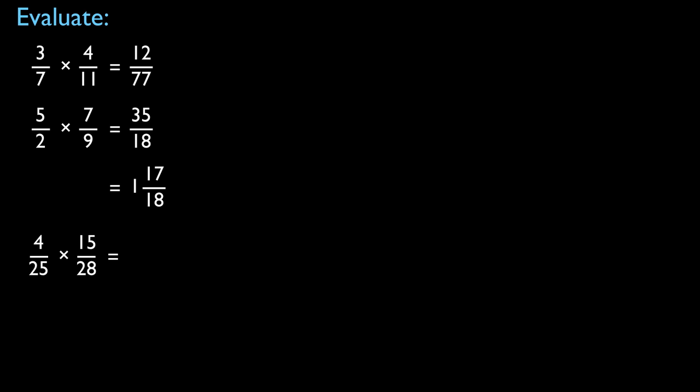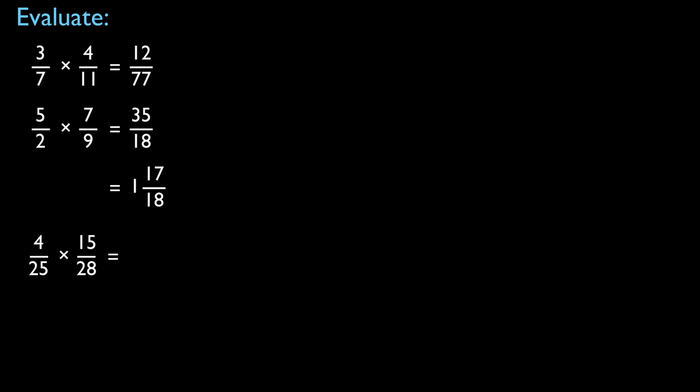And let's do it this way. We'll look at the 4, the 15, the 25, and the 28. And with fraction multiplication, you can reduce any numerator with any denominator. Watch what I mean by this. Something that jumps out at me is the 15 and the 25. They both end in 5, so I know that both those numbers are divisible by 5.